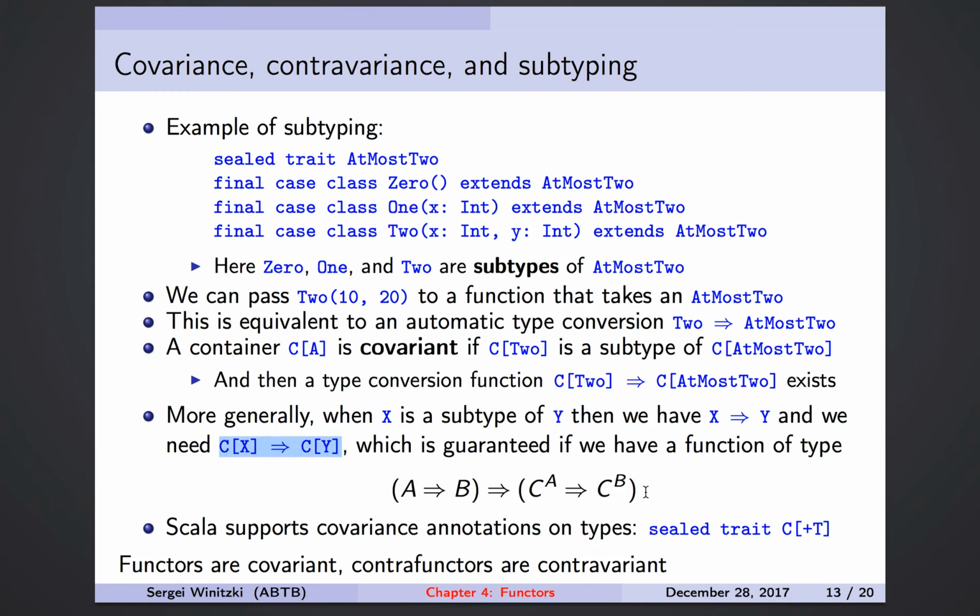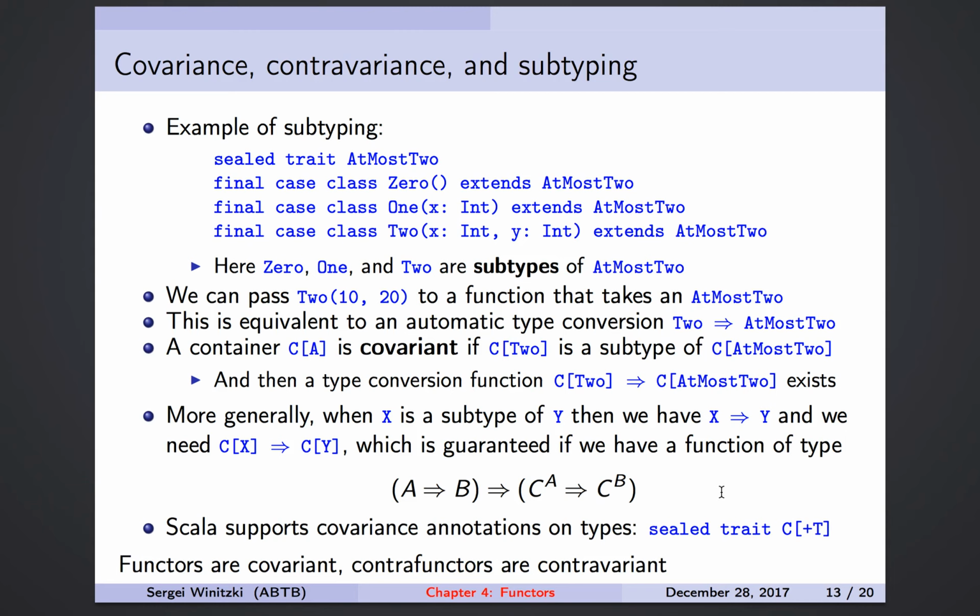In other words, and this is the type signature of Fmap, if you have a type constructor that has Fmap, then it's guaranteed to have the right type conversions and to be covariant. And so all functors are covariant. And in Scala, you can put the little plus next to the type when you declare the sealed trait to tell the compiler that you want this explicitly to be known that this is covariant in that argument.